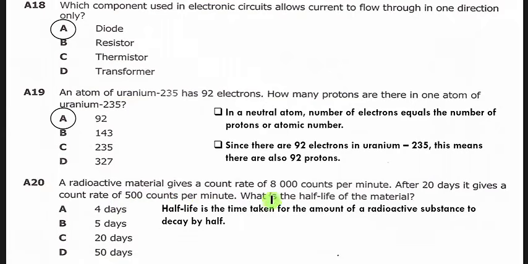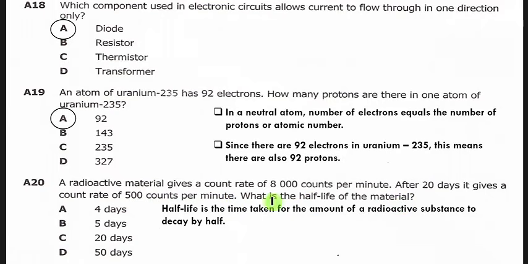So it was giving initially 8,000 counts per minute. Now after 20 days, it is only giving 500 counts per minute. So what is the half-life of the material?